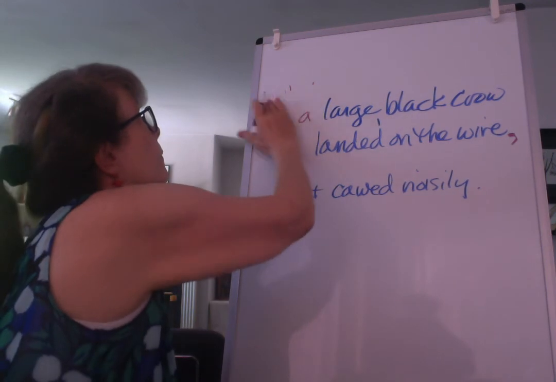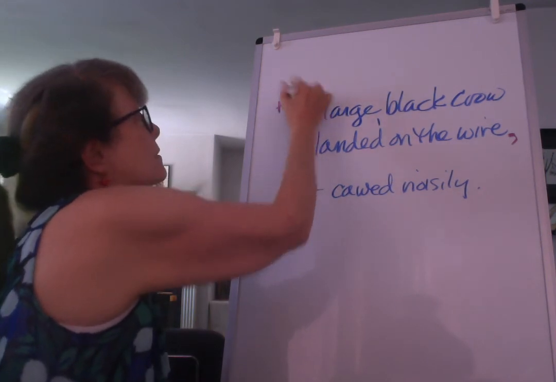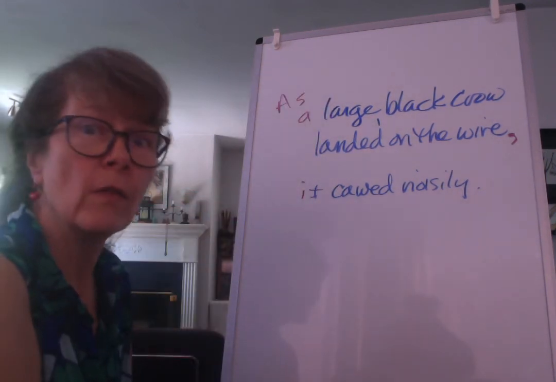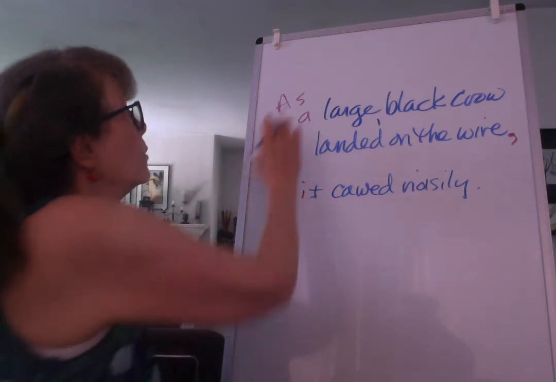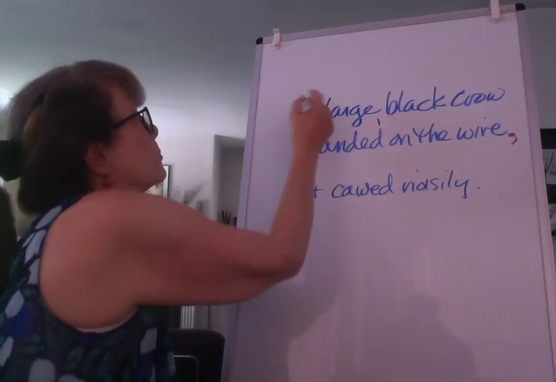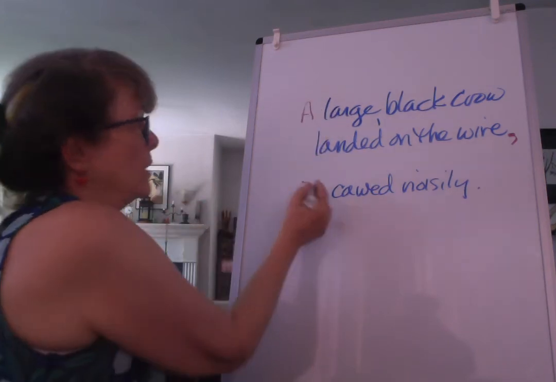Or, as a large black crow landed on the wire, it cawed noisily. Or we could put the subordinating conjunction here.